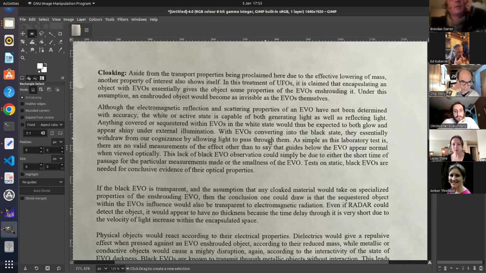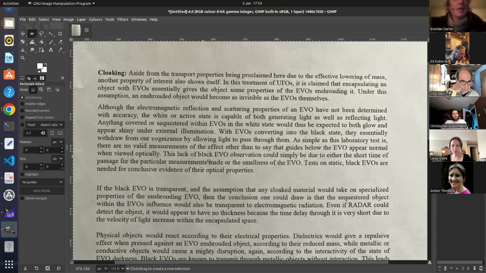As simple as this laboratory test is, there are no valid measurements of the effect other than to say that guides below the EVO appear normal when viewed optically.